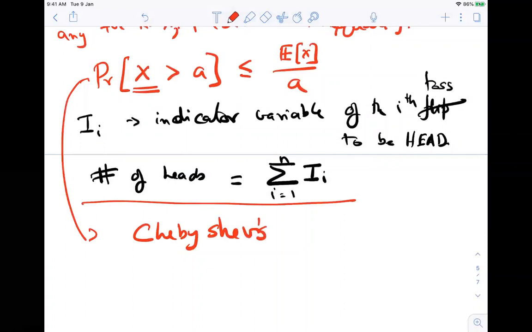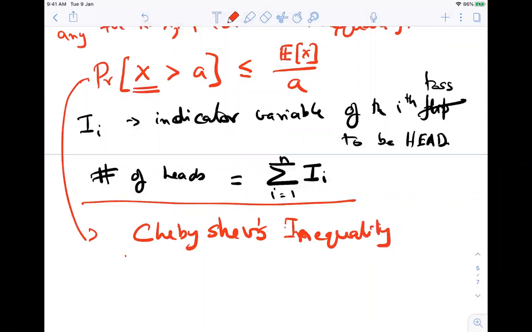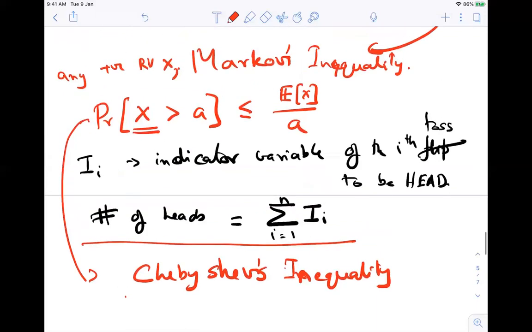It basically understands this from the point of view of the second moment or variance, so instead of E of x by a, you can get a bound from the variance.